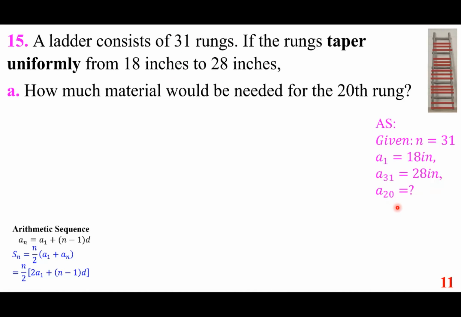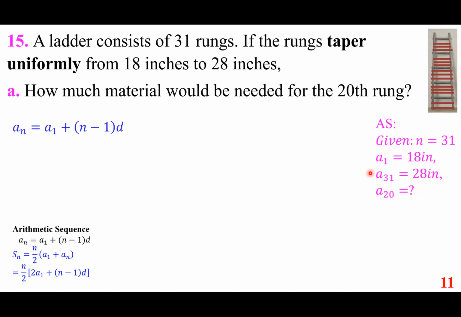So what we are going to do is use the fact that A sub n is A sub 1 plus n minus 1 times d. And so for number 31, we put A sub 1 plus 31 minus 1 times d. This is A sub 1 is 18.